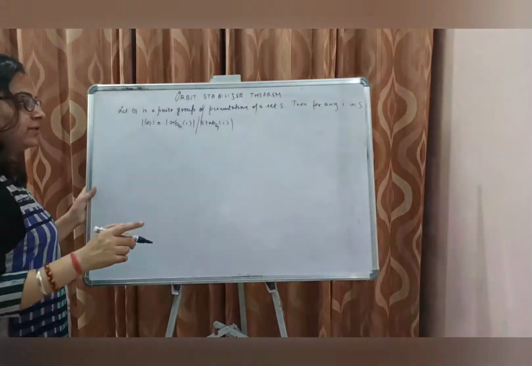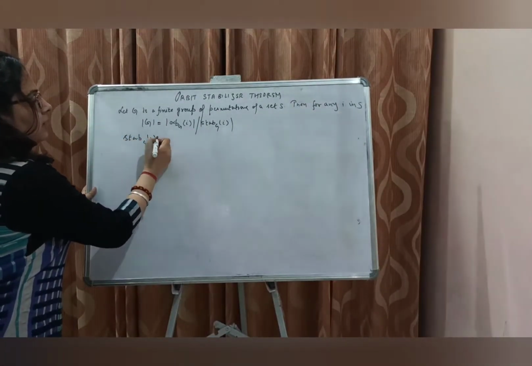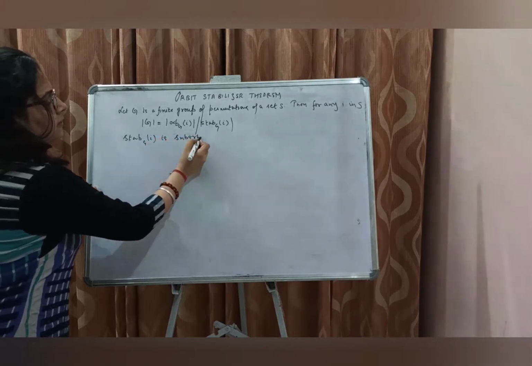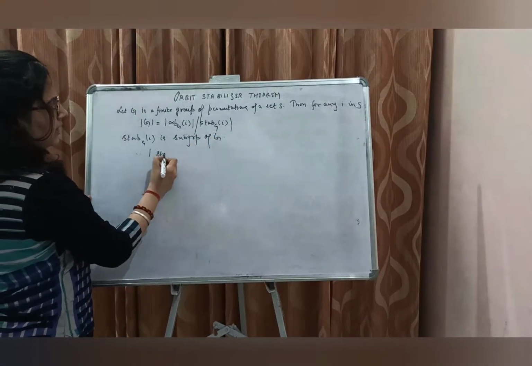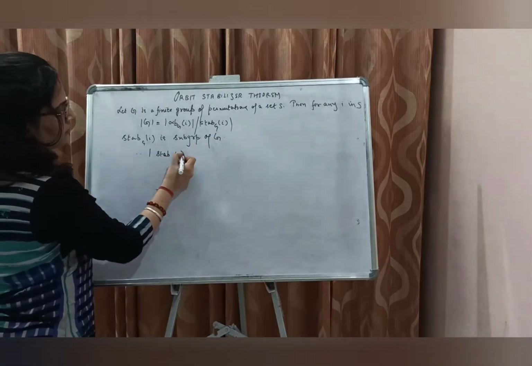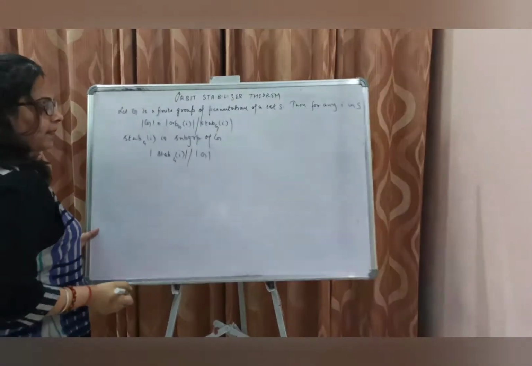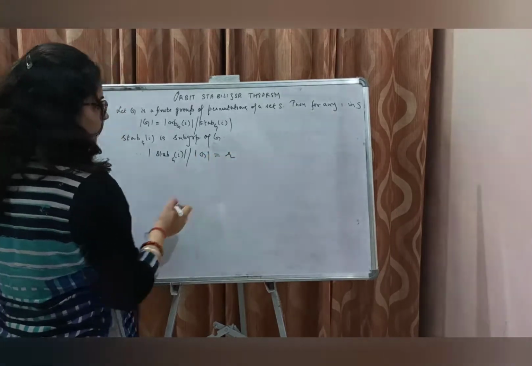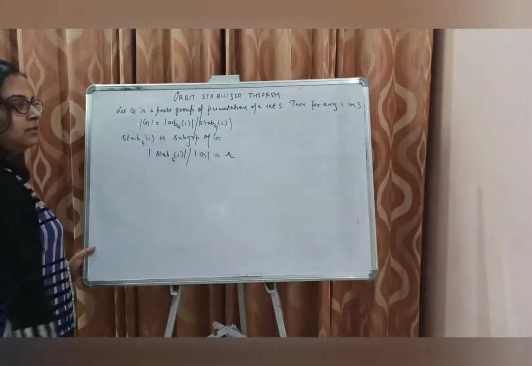We already proved that the stabilizer of I in G is a subgroup of G. Therefore, the order of the stabilizer divides the order of G. So this is some number R. Now we shall prove that this number is the orbit.